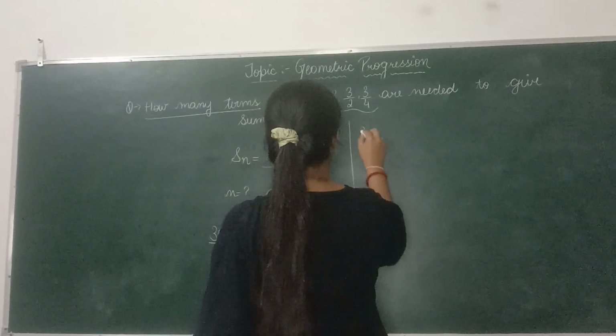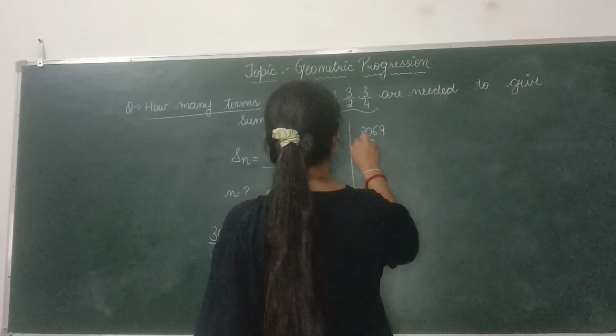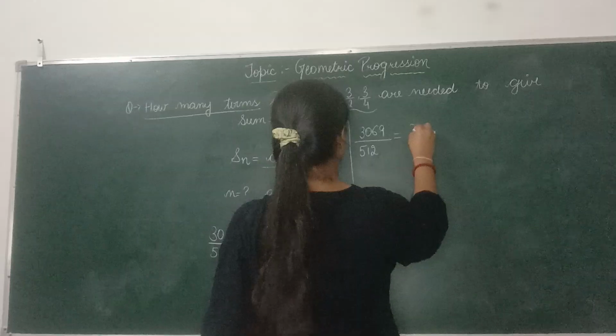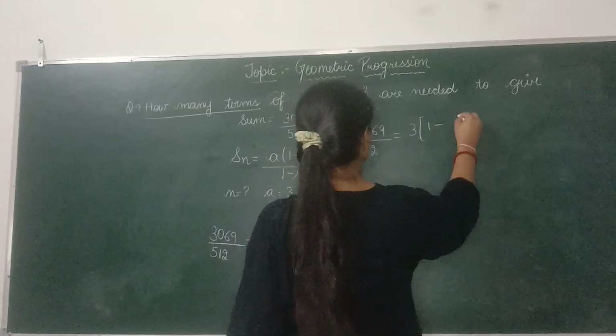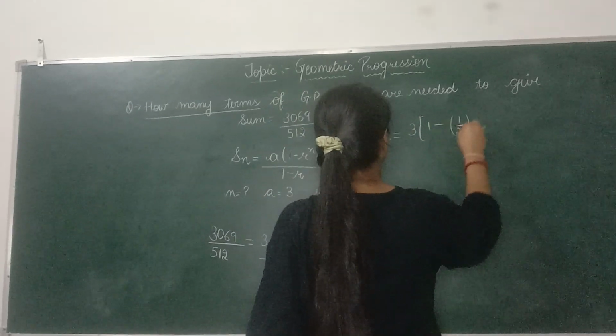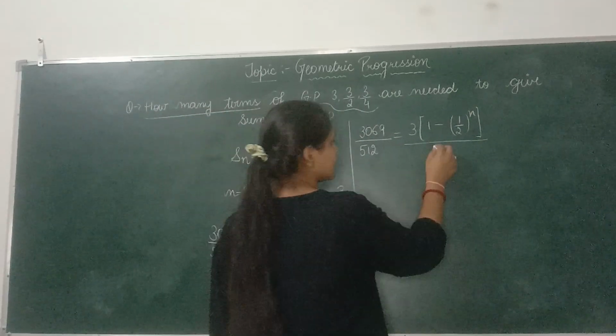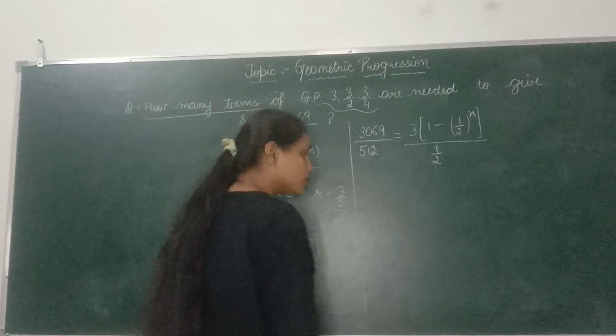It will be 3069 upon 512, that is 3 times 1 minus 1 upon 2 to the power n upon 2 minus 1, which is 1 upon 2.